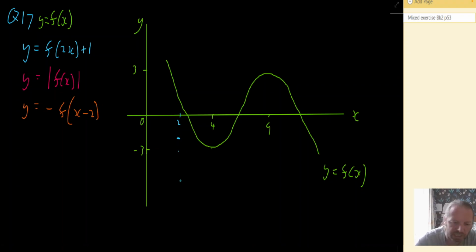So there's the lower turning point, and that would be at (2, -2). The second turning point, the maximum, would be half of the 9, so that brings us to about 4.5. Okay, and then plus 1, which brings us up to here, which would be about (4.5, 4).